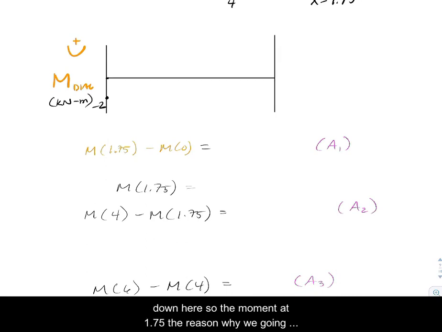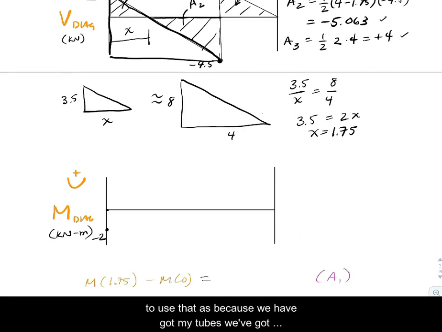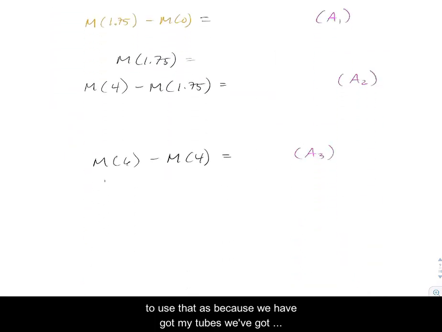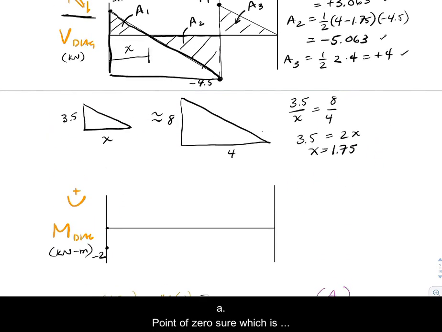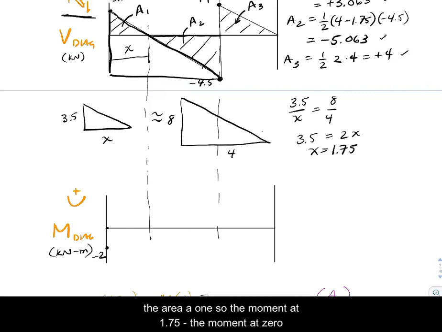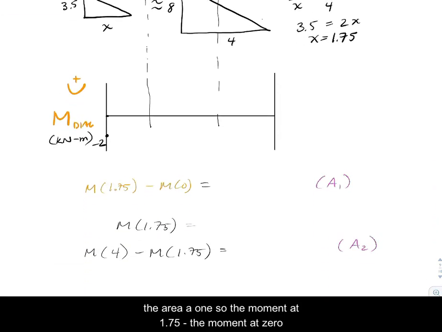So the moment at 1.75, and the reason why we're going to use that is because we have a point of 0 shear, which is going to give us a maximum moment. And so this looks like the area A1. So the moment at 1.75 minus the moment at 0 has to be plus 3.06.